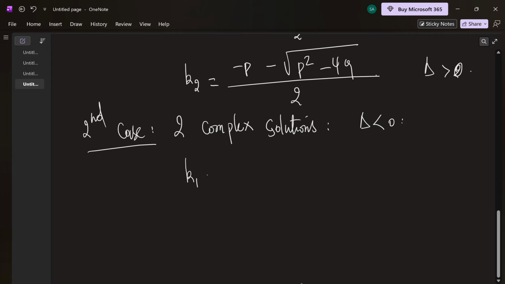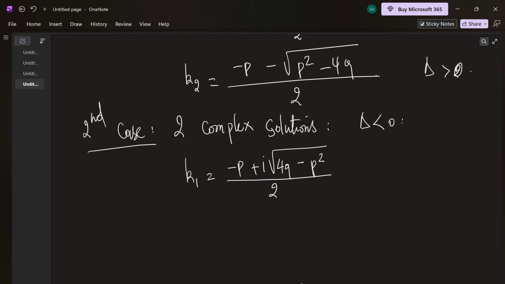K1 is equal to minus p plus i times the square root of 4q minus p squared, the inverse of the determinant.